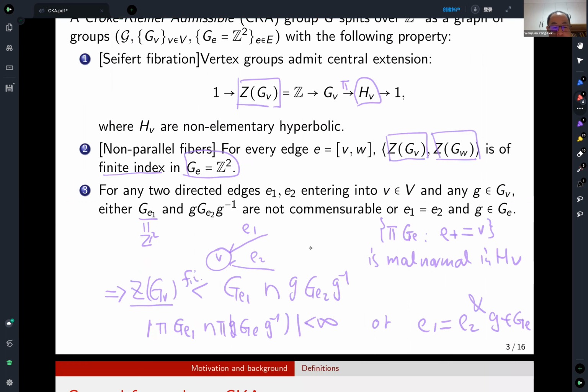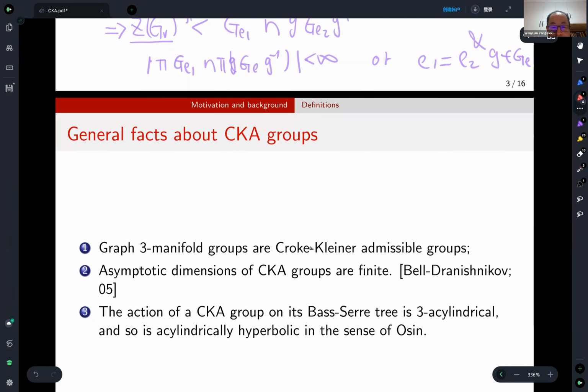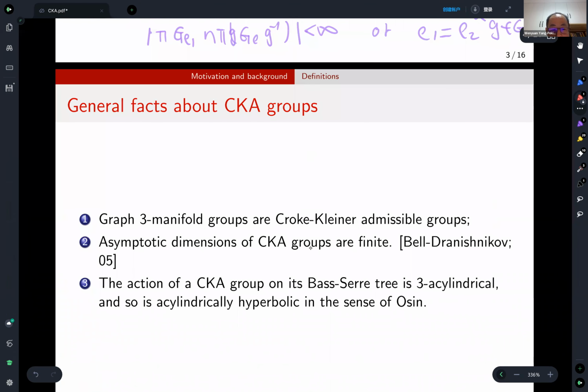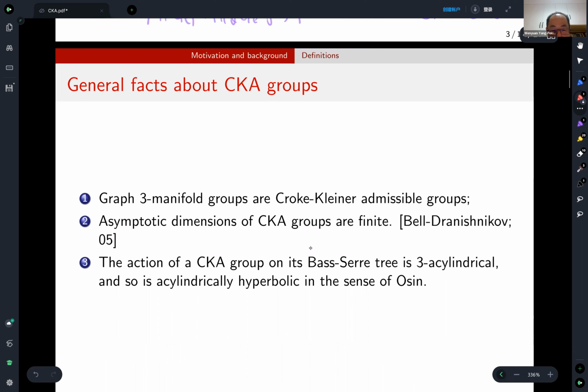Okay, so some general facts about the Croke-Kleiner admissible groups. By the definition, graph manifold groups are Croke-Kleiner admissible groups. We have this geometric decomposition, this graph of groups. Also, the asymptotic dimension of CK groups is finite.